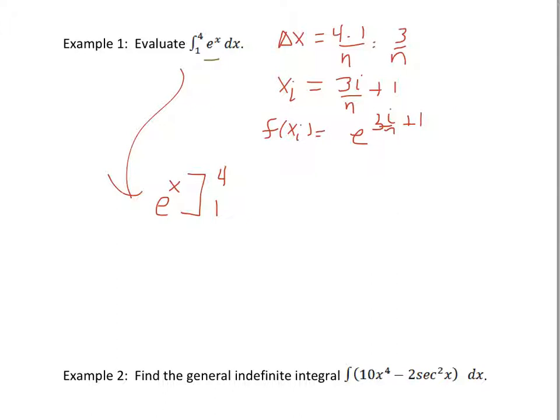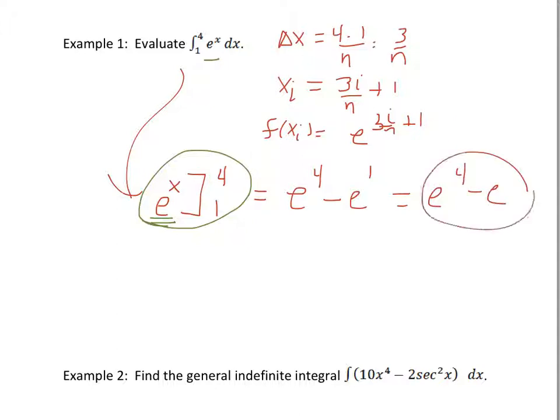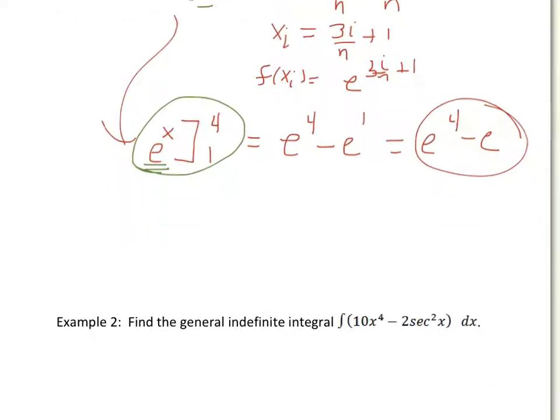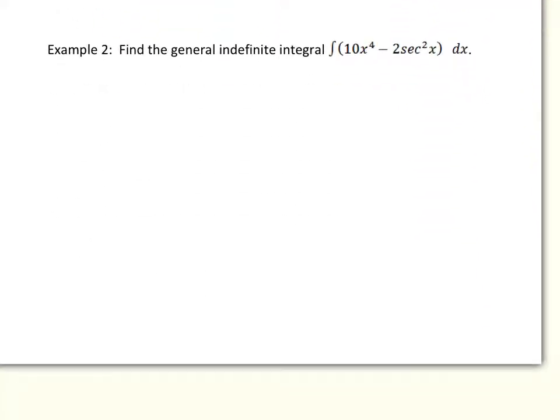So we're indicating this means we found the antiderivative, but we have not substituted in the a and the b yet. And then that equals, substitute in your b, and then substitute in your a, which would be e to the 4th minus e. And it's that simple.